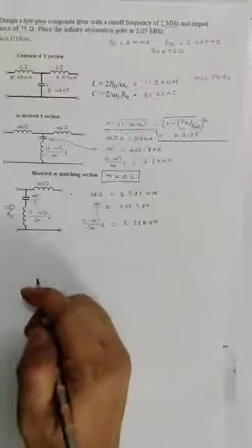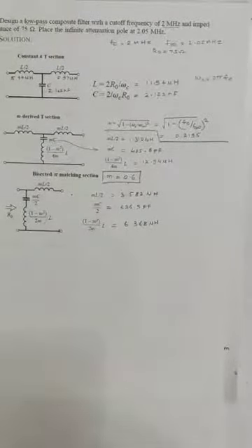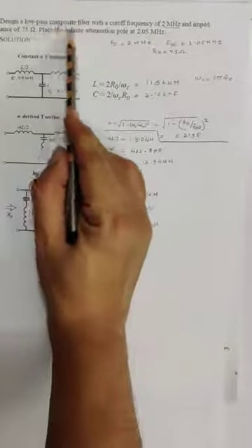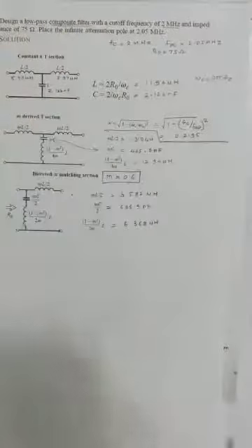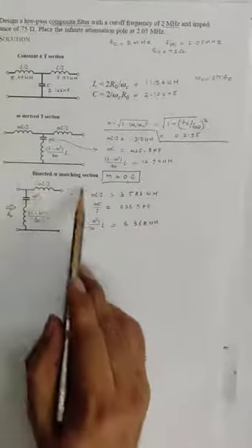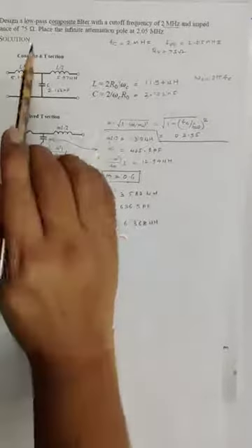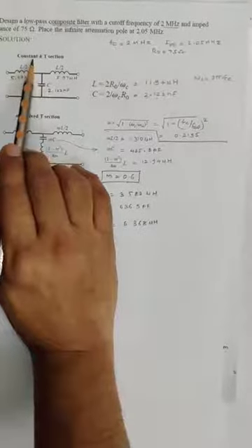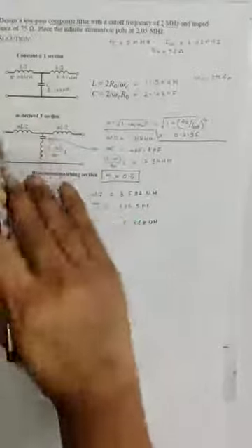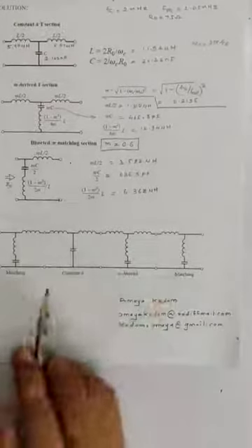So we have calculated all the components. Now we have to design this composite filter by cascading these elements. At the input side, first you will have the bisected pi matching section, then the constant K section, then the M derived section, and then at the output side you will have the mirror image. So the circuit will look like this.